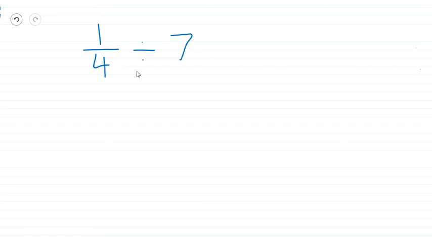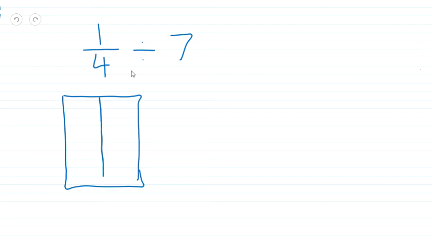To make a model of 1/4, I'd make a nice rectangle to the best of my ability. Then I'm going to split this rectangle into fourths. How am I going to do that? Simple. There you have it. We're going to split it into 4 equal pieces like that.